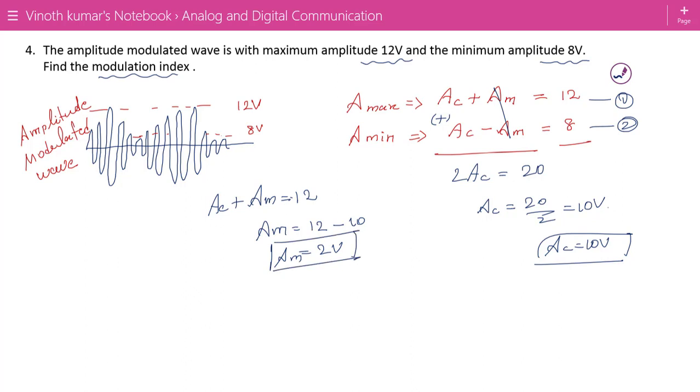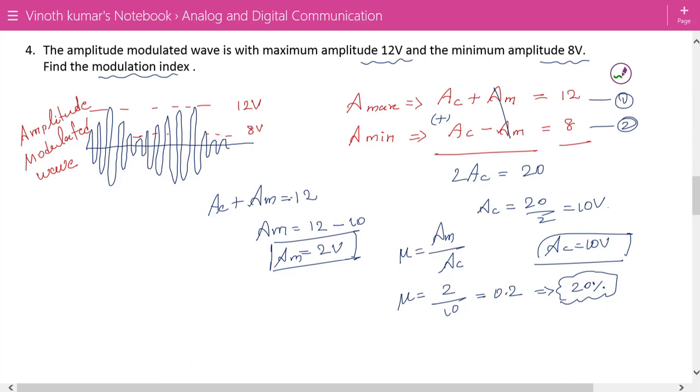So what is the modulation index? The modulation index mu is equal to AM divided by AC, calculated as 2 divided by 10, that is nothing but 0.2, and expressing this as a percentage, we have a 20% modulation index.